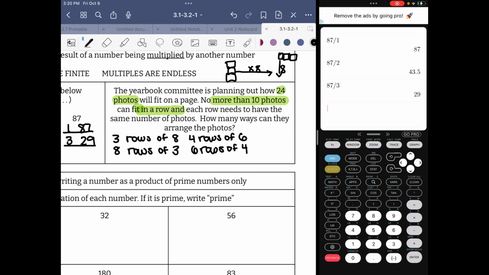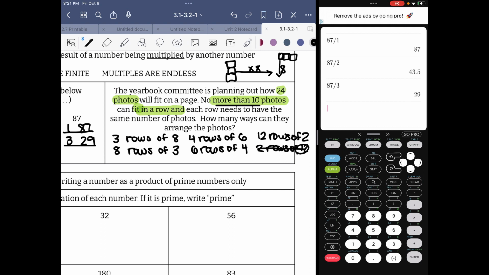You could do 12 rows of 2. Could we do 2 rows of 12? No, because we can't put more than 10 photos in each row. So because of that 12, we can't do that one.